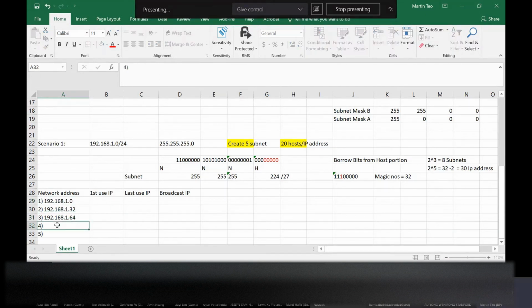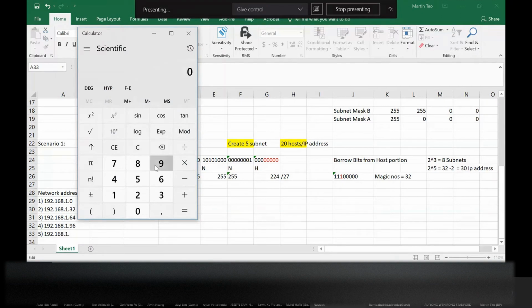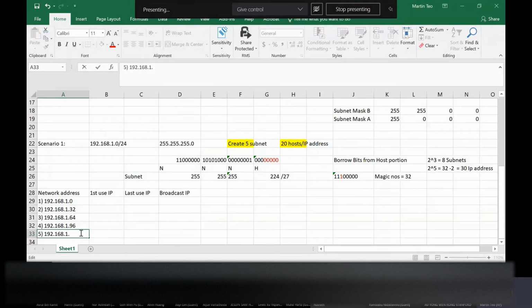And then the fourth network we created will be 192.168.1.96. And the fifth subnet we created will be 192.168.1.128.